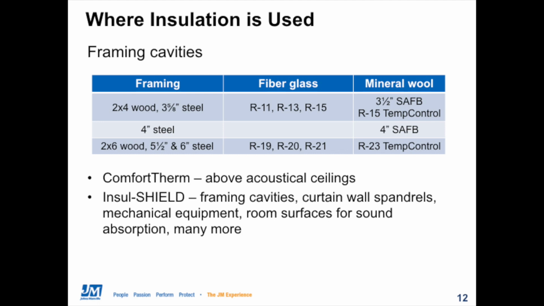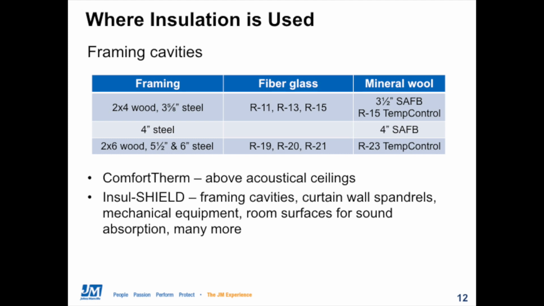4-inch steel studs would then require 4-inch SAFB mineral wool bats. In 2x6 wood studs or 5.5 or 6-inch steel studs, we would use either R19 to R21 fiberglass or R23 temp control mineral wool. All of these framing applications could also take either open cell or closed cell spray foam.